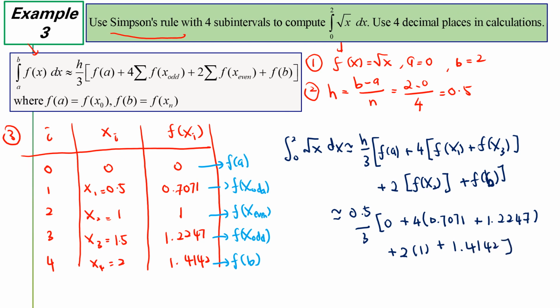Now you can use your calculator and you will get approximately 1.8569. So this is the step when you use Simpson's rule.